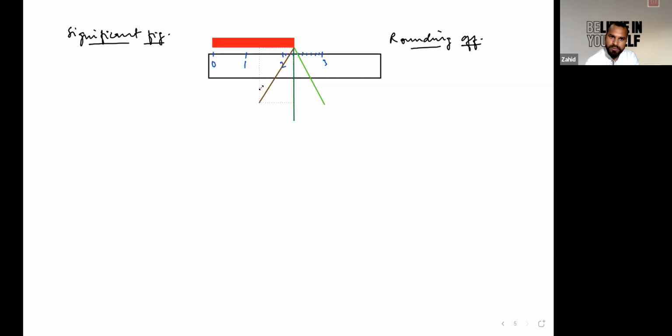Depending upon observer to observer, this reading would vary. Suppose for this observer, it will be 2.2 centimeter. For this observer, it will be 2.3 centimeter, and for this, it will be 2.4 centimeter.